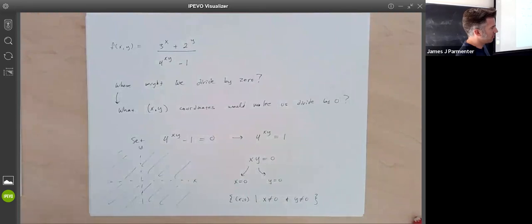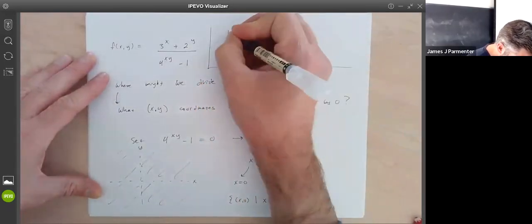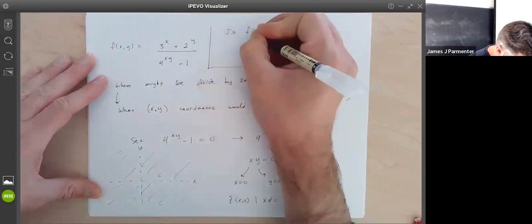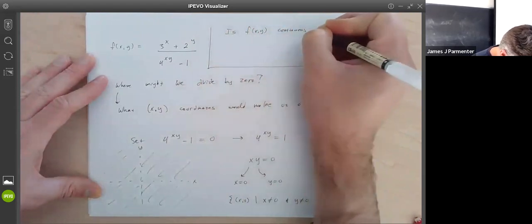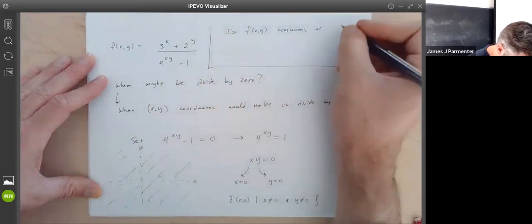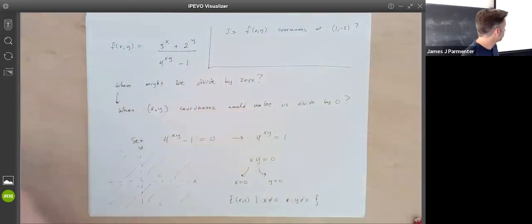The other thing I want to talk about here, though, just briefly, is what about another point? How do we know, for example, if this function f of x, y is continuous at some other point, say at the point 1, -2?